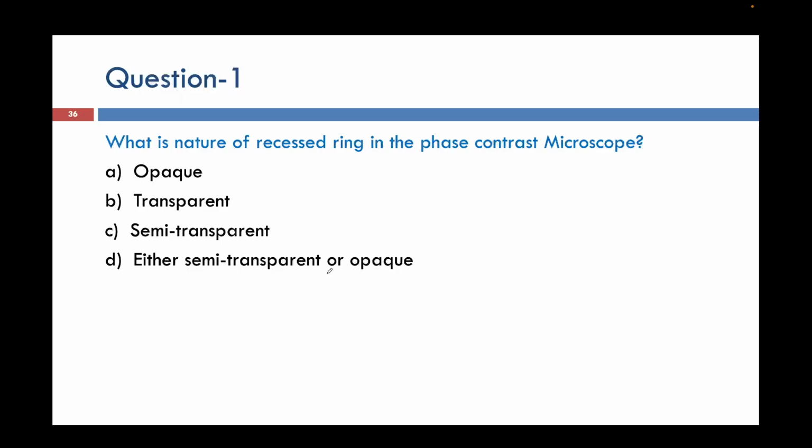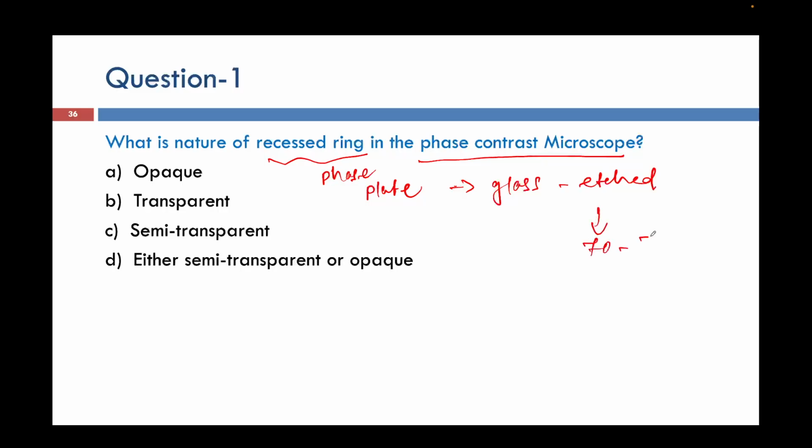Okay, so what is the nature of the recessed ring? Here you can see the phase contrast microscope is written, right? In the phase contrast microscope, the recessed ring is the phase plate. This phase plate is made of glass which is etched, at a particular thickness, and it has been made in such a way that the amplitude will be reduced by 70 to 75%.